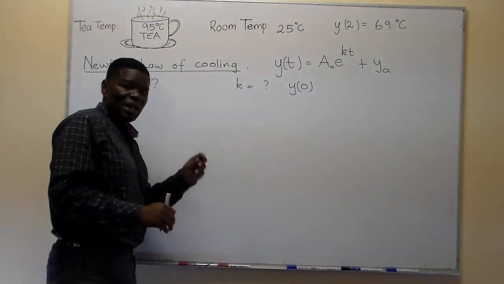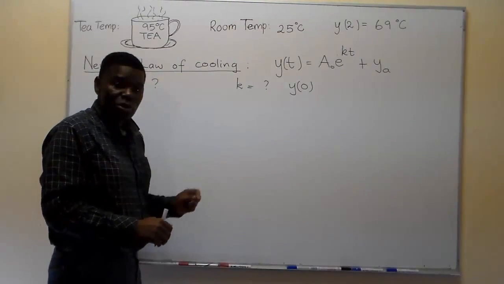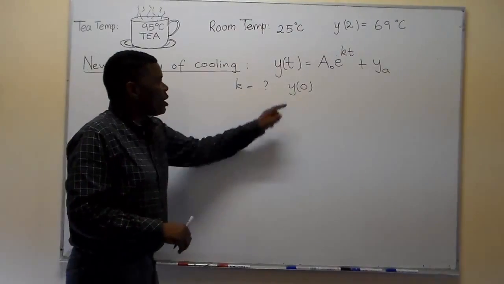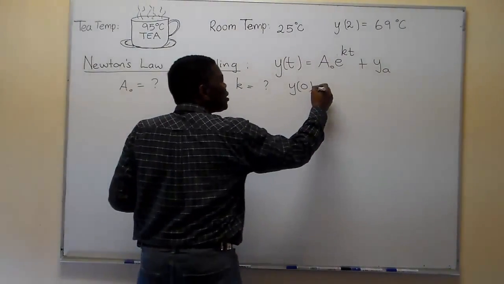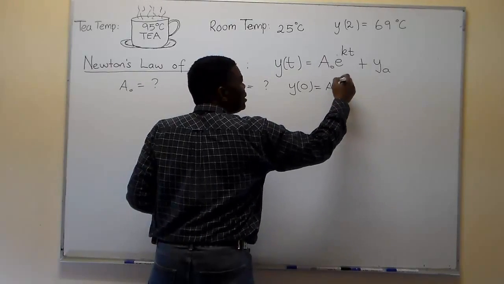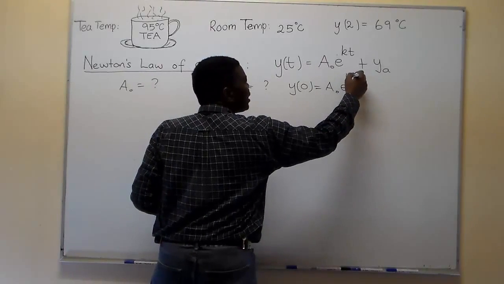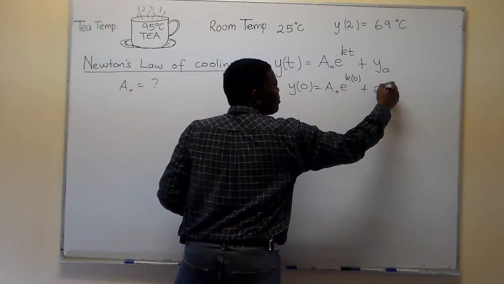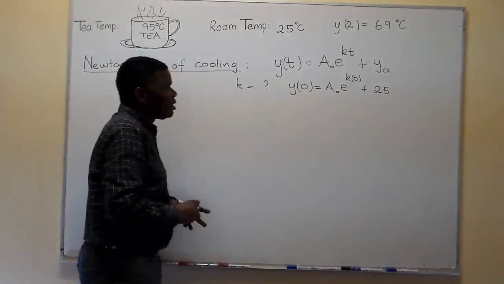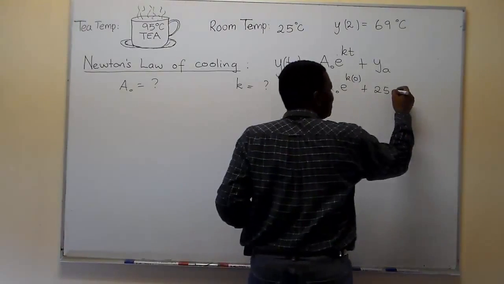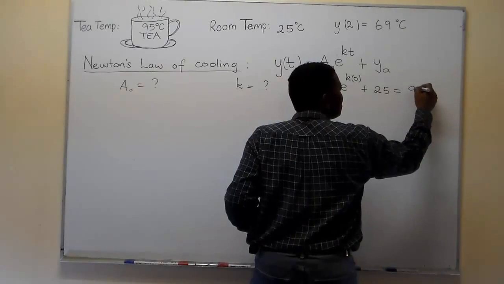We consider time t equal to 0 when we start observing this experiment. So y of 0 will be equal to A0 e to the power k times 0 plus our ambient temperature, which is 25 degrees, and that will be equal to 95.